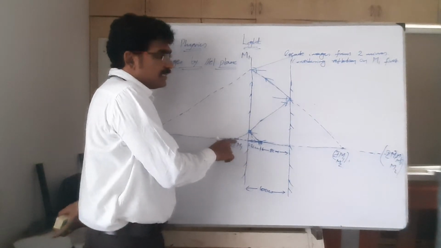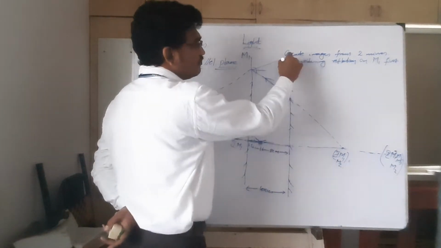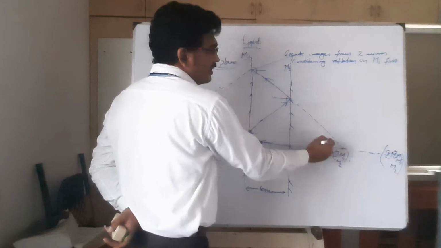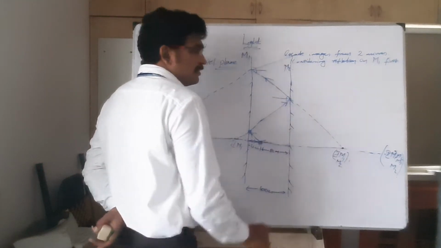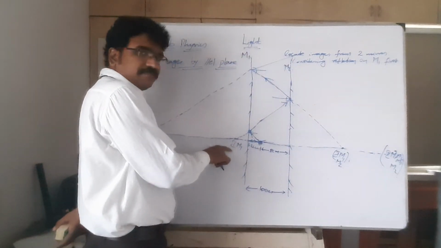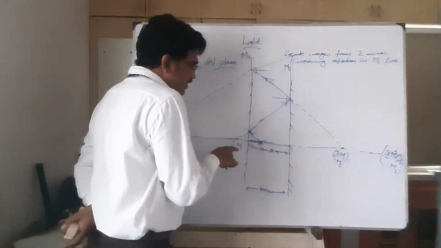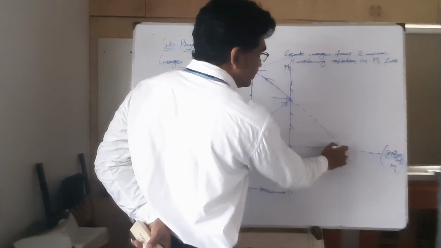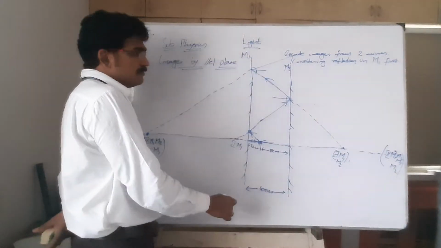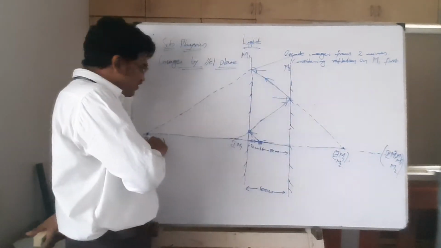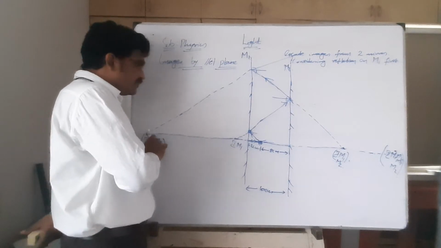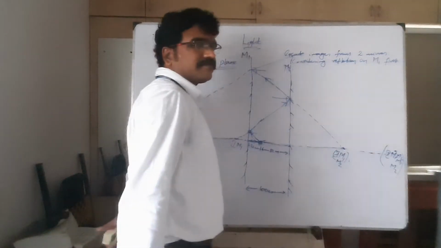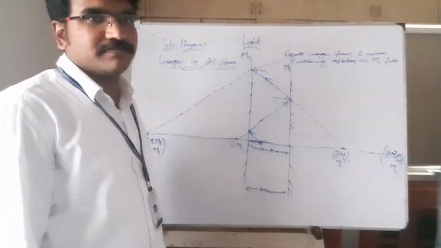This image is acting as the object for M2, and this is the image of this one, which is formed by M2. Now this is acting as the object for M1. So this object image is formed here, and this object image is formed here. Like that you should draw.